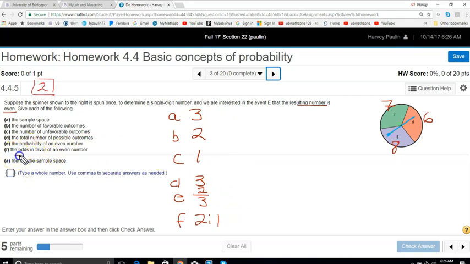And we want to review odds that we had mentioned earlier. Odds, again, are favorable to unfavorable, while probability was favorable to the total sample space. All right, let's go on.